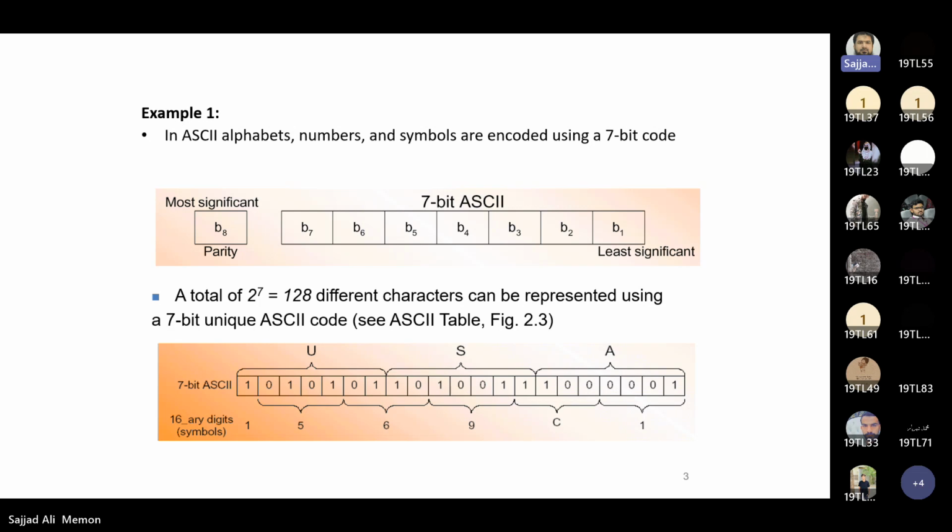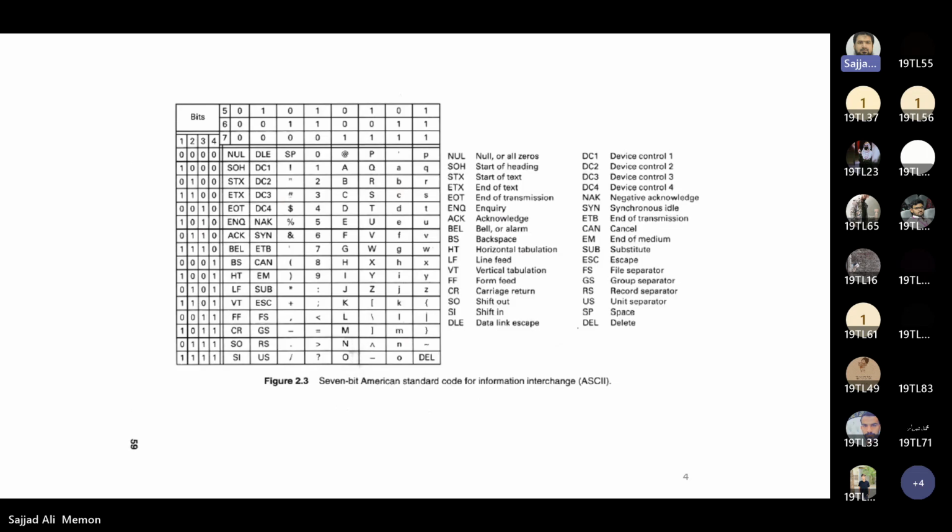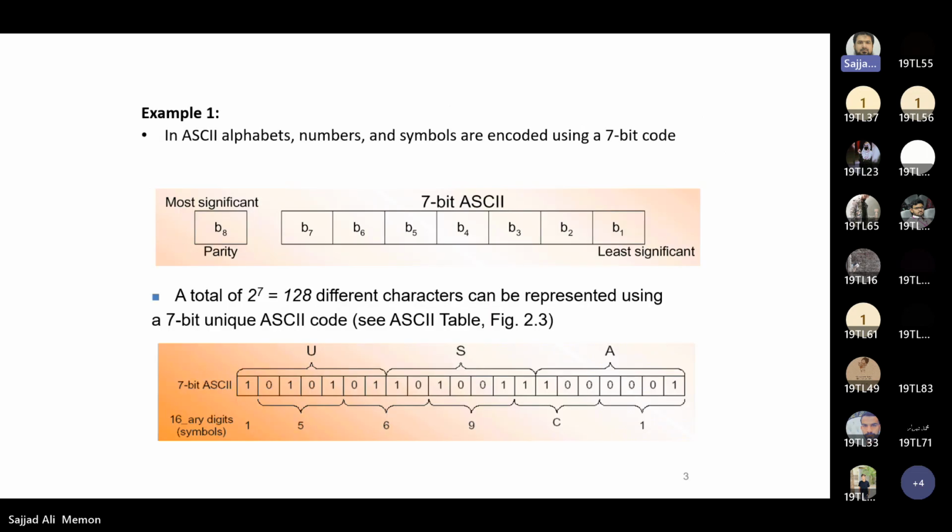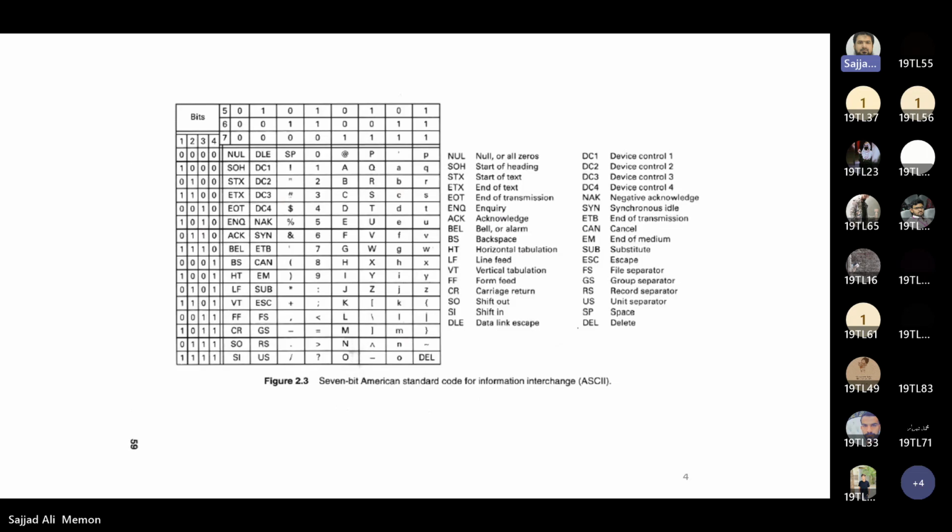So the first 4 bits are this one. These are your first 4 bits. For U it is 1010, and the remaining 3 bits are 101. Like you can see here, 5, 6, 7, and these are your 1, 2, 3, 4, 5, 6, 7.